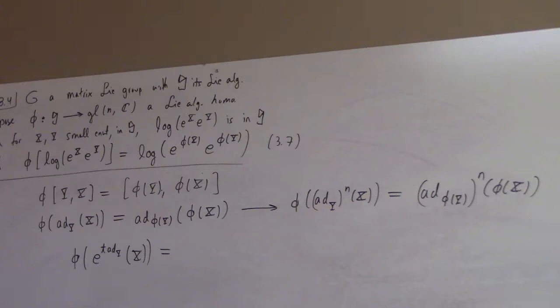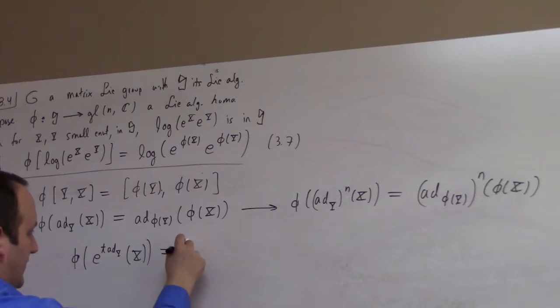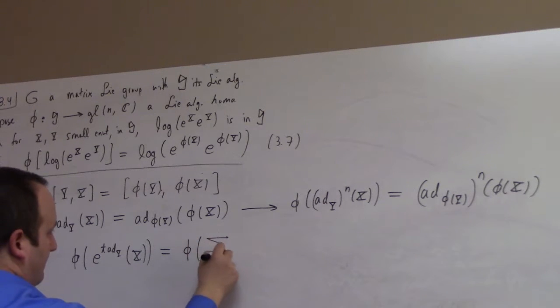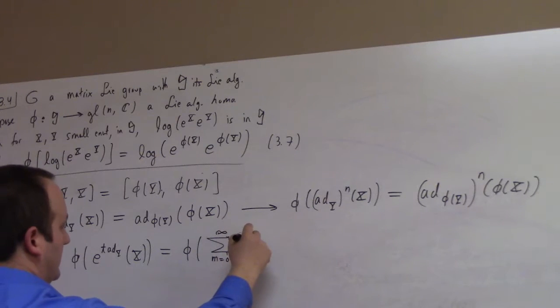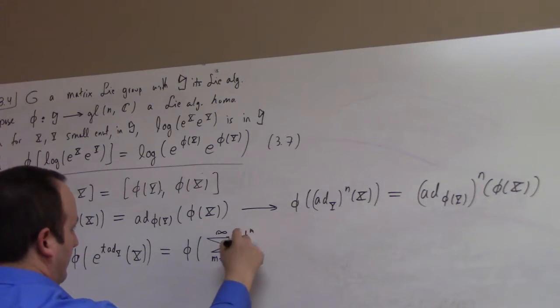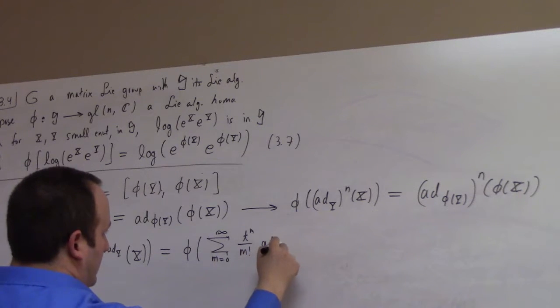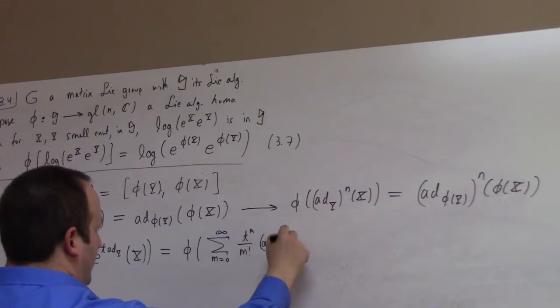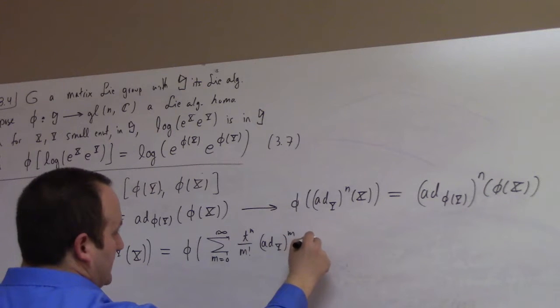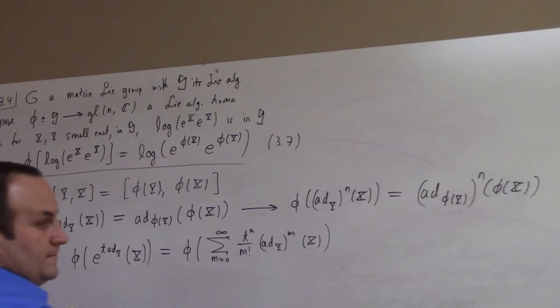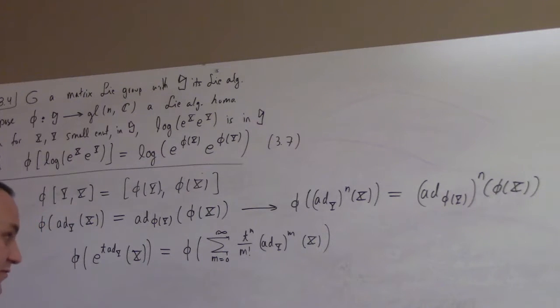Now, what he's doing here, I'm going to put an extra step in. This is phi of what? The sum, m equals 0 to infinity, of t to the m over m factorial, the adjoint of y, m-fold times applied to x. And then what he's doing in the next step is he's pulling the sum out.